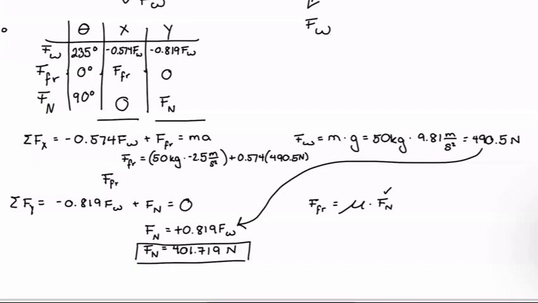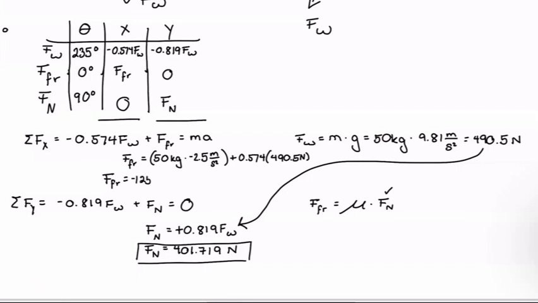Therefore, our friction is going to be equal to 50 times negative 2.5, which is negative 125 newtons, plus 0.574 times 490.5, which is 281.547. This minus 125 gets me 156.547 newtons.